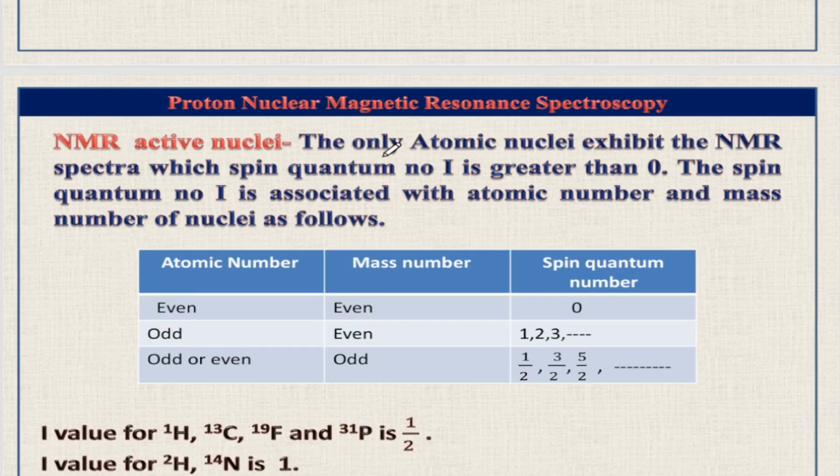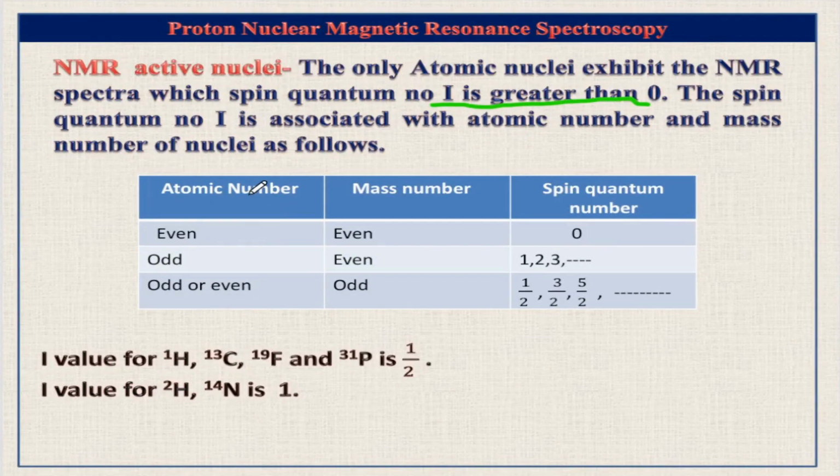Now let us see for which atomic nuclei the I value is greater than 0, and for which it is 0.